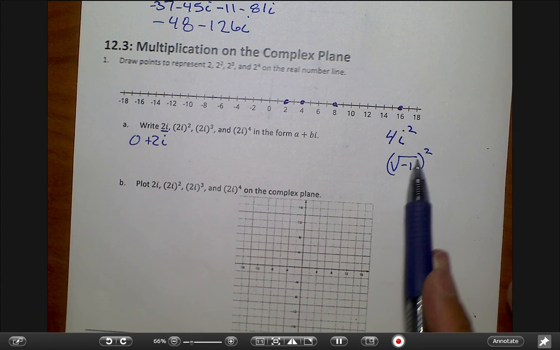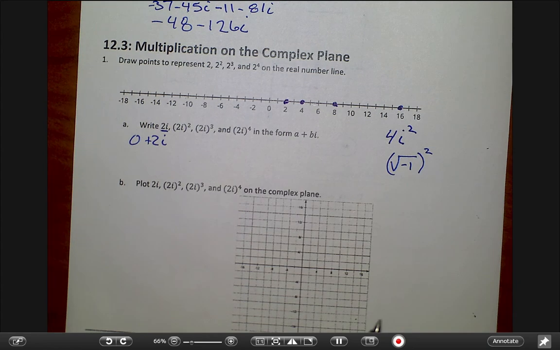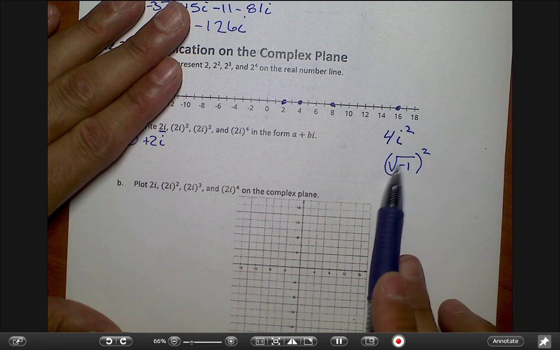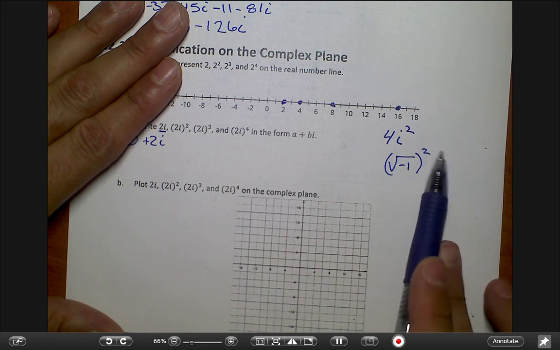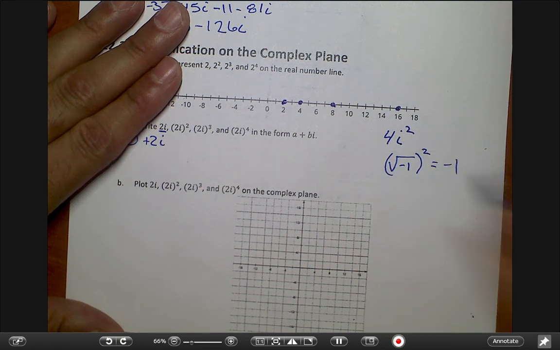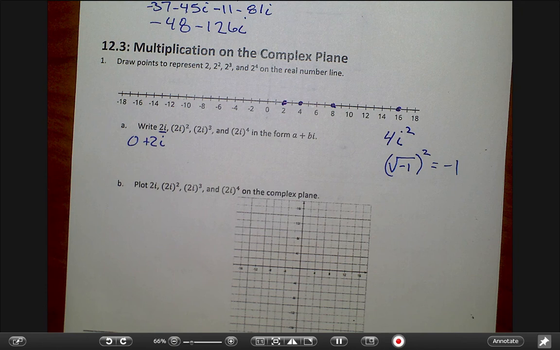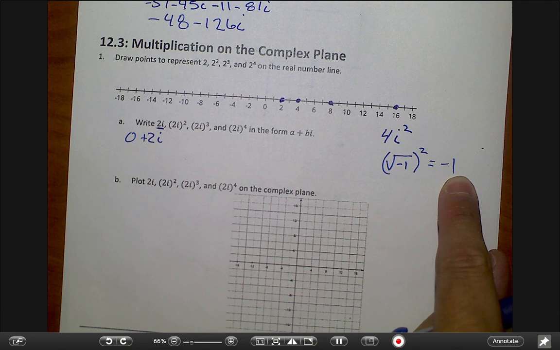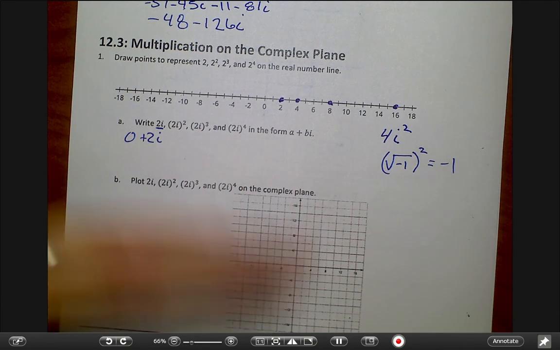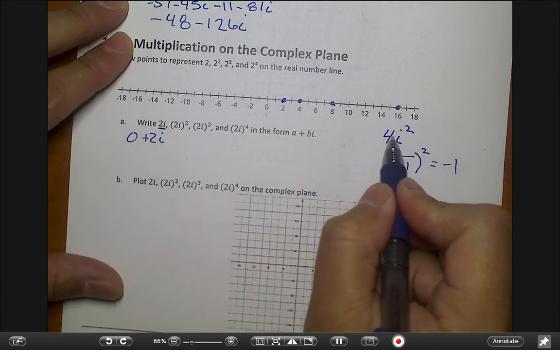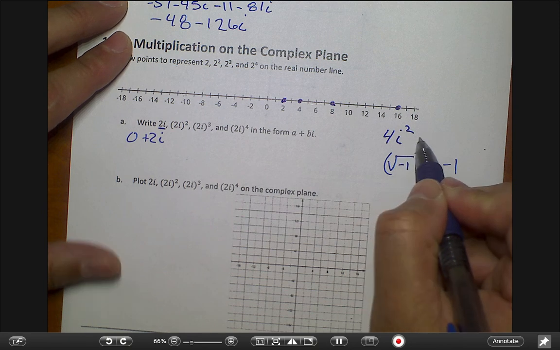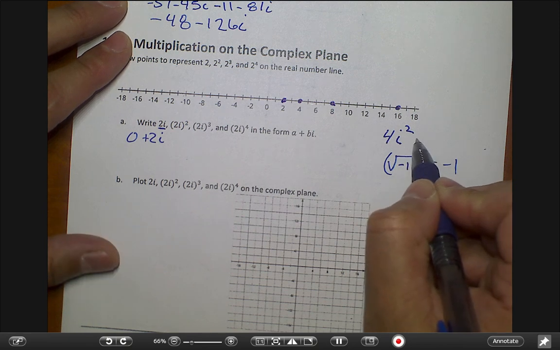Okay, but what happens when I square a square root? It cancels it out, right? The square root and the square will cancel. So what would be left after I cancel those? Negative 1. Very good. So when I have i squared, it gives me negative 1. So I'm going to write that as 4 times negative 1, which is negative 4.